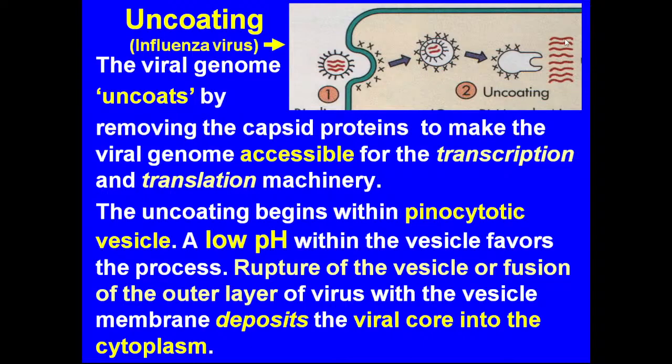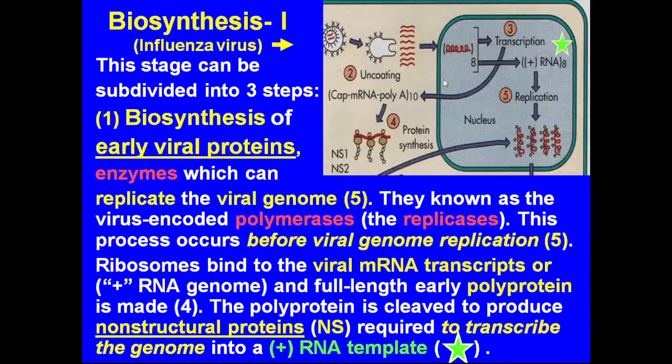When the proteins are removed from outside the nucleic acids of the viral genome, it makes the genome accessible for the transcription and translation machinery. Usually the lowering of the pH in the endocytic vesicle is mediated by the M protein, for example, in the influenza virus.